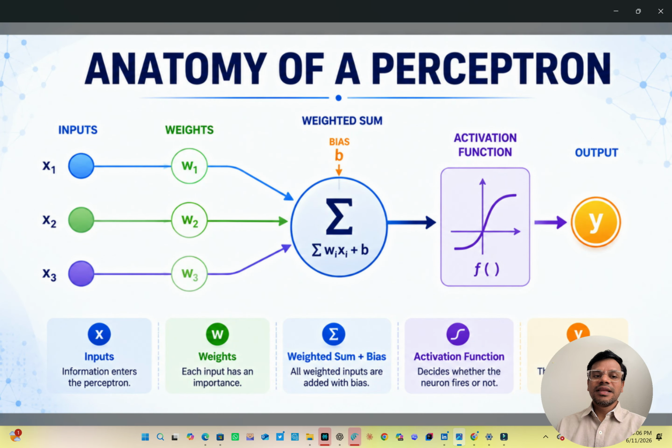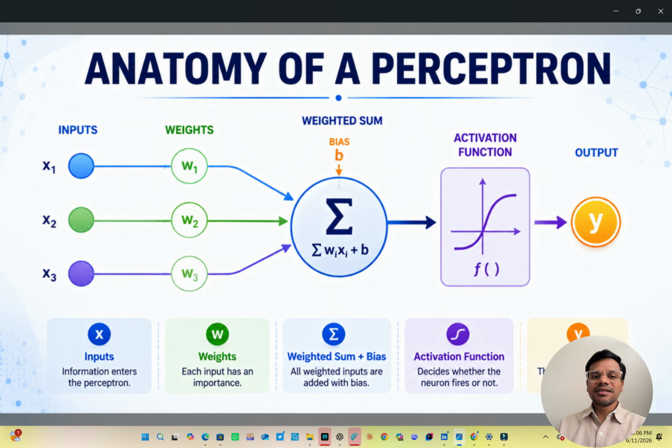So now let's look at the anatomy of a perceptron. Let's look at the components that make up a perceptron. The first component is inputs. The inputs represent information entering the system, for example temperature, rain predictions, credit score, income, or any data which helps make decisions, right? The next one is weights. Weights determine how important each input is. Some inputs matter more than others, right?